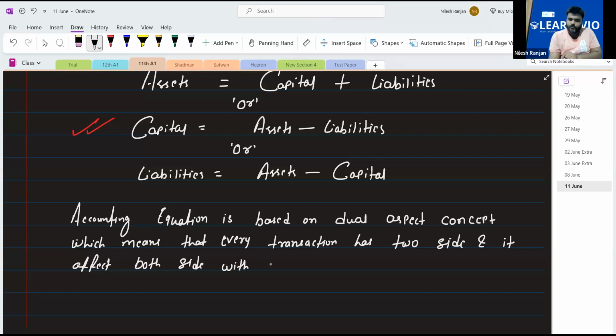Every transaction has dual or twofold effect.